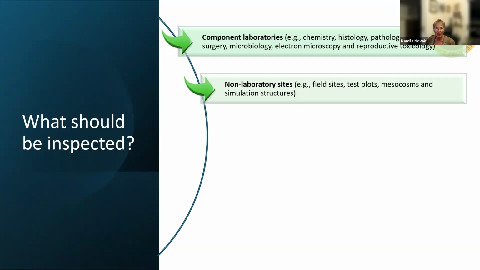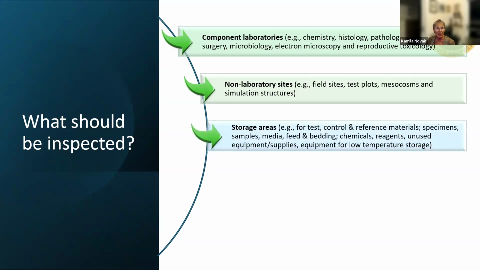Non-laboratory sites, like field sites, test plots, mesocosms, simulation structures, depending on the type of the study. Storage areas for both test, control, and reference materials, specimens, samples, media, feed, bedding, chemicals, reagents, equipment, supplies, and practically everything we need to carry on a study.